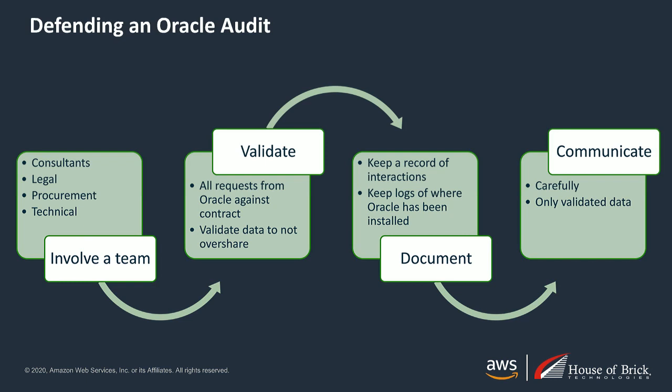Have full documentation of what you've communicated to them, and have good documentation on what your Oracle installation position is, what your Oracle licensing position is. Have all your ducks in a row. And then communicate with them carefully, as I suggested, preferentially by email, preferentially with data that you've correctly validated, even if it's an Oracle-provided tool that they say to run and it will gather information.